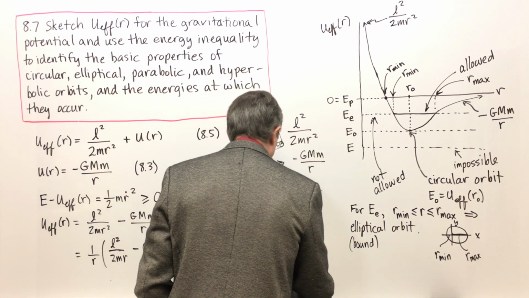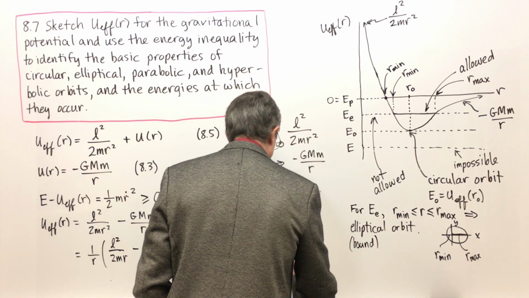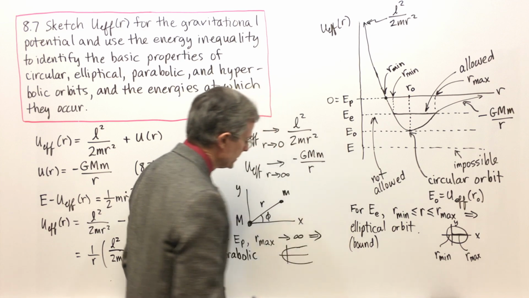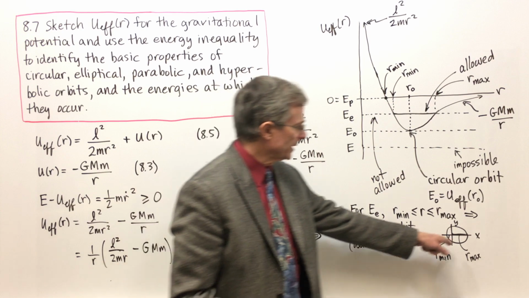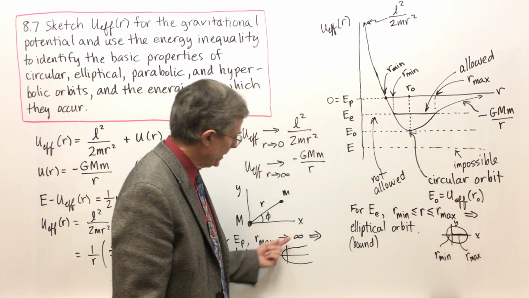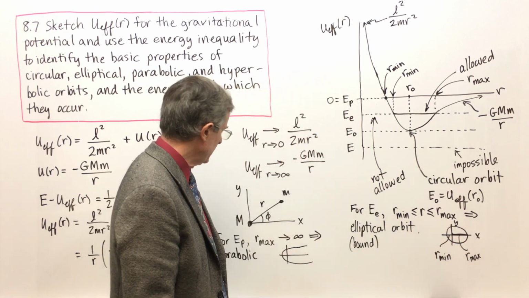So what does it look like? Something like that. So instead of closing back in on itself like this elliptical orbit did, it's going to keep on growing out to infinity.